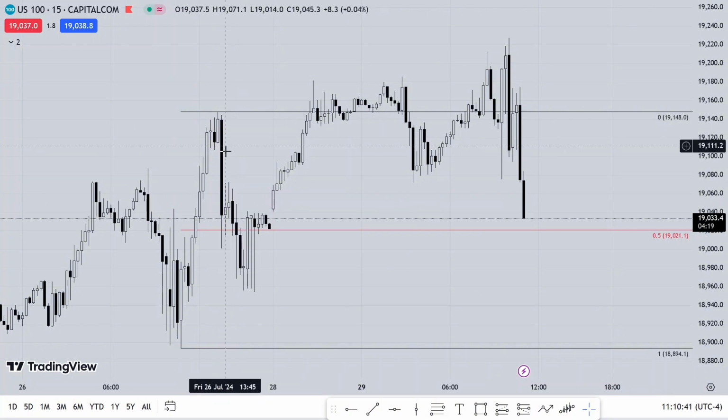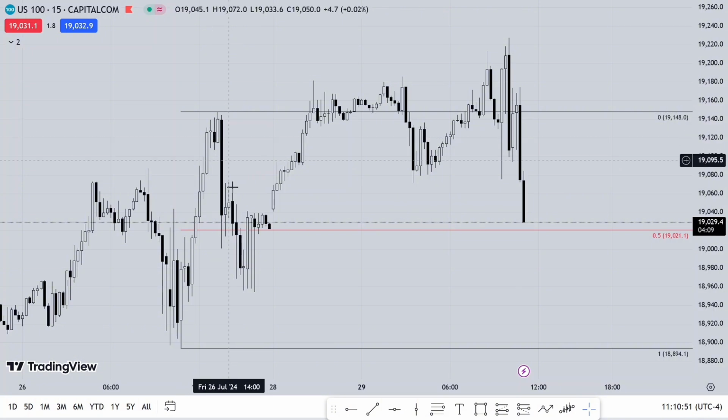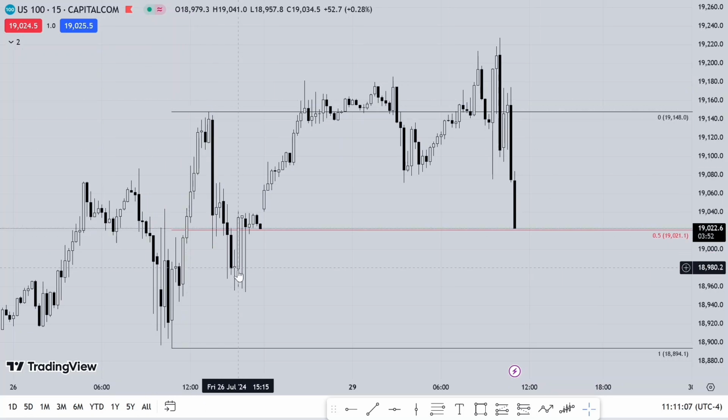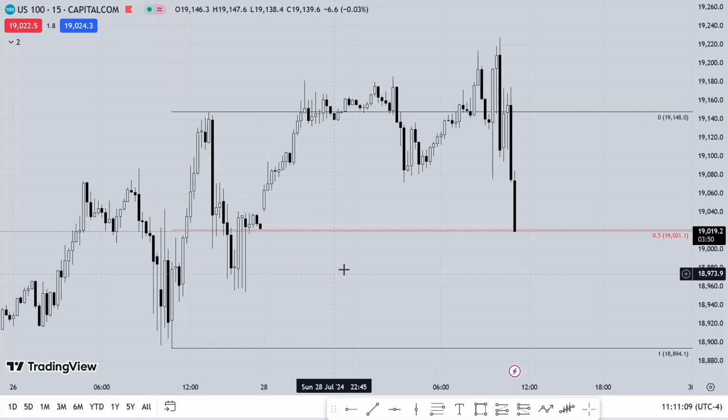So from a premium, price will seek a discounted price. So it does that here. And the discount is below the equilibrium. So price trades down below the equilibrium to offer a discounted price. When price is now at a discounted price, it means it is cheap. It is cheap to buy.